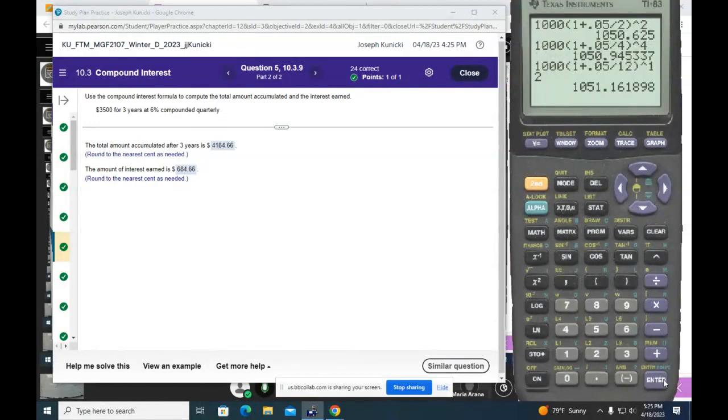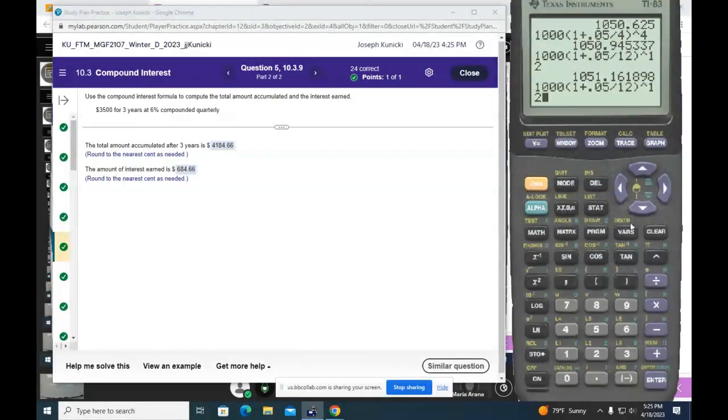So now I got $1.16 extra. Now let's do it weekly. So that becomes 52. So I do it for 52 compoundings. So now I got $1.25 more. So you see it grows a little bit.